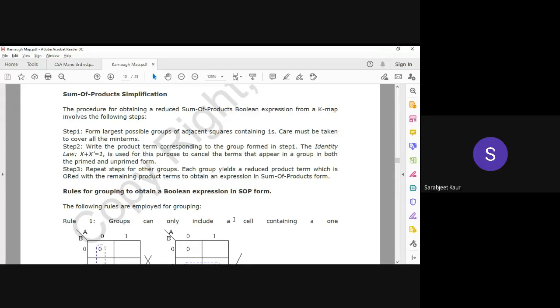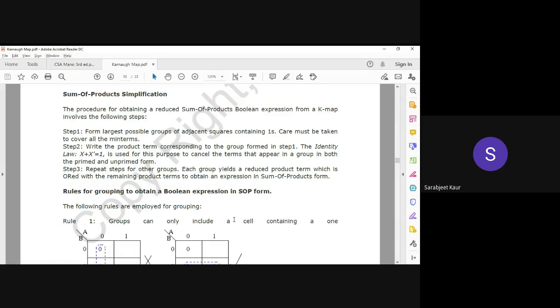So the first thing, for sum of products simplification, is to represent the expression in the Karnaugh map, the way we did in the last class. After we have put in a one for each minterm where it is required, the next step is the actual first step of the simplification: we start grouping ones together.